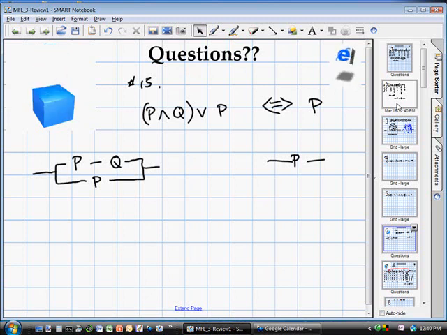P AND Q. So the first thing I had to do is a side-by-side for P and Q. And that result is ORed, or stacked, with P. So there's that one. And then this one, there's not much to draw. That's it.